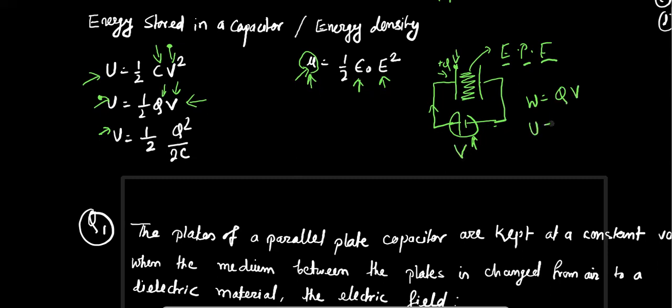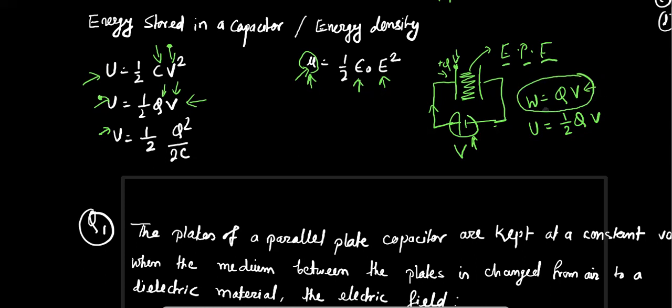But the energy stored in the capacitor is half QV, which means that the total work done or energy supplied by the battery is wasted in the form of heat during the charging process. The amount of energy which gets wasted is exactly half of the work done.